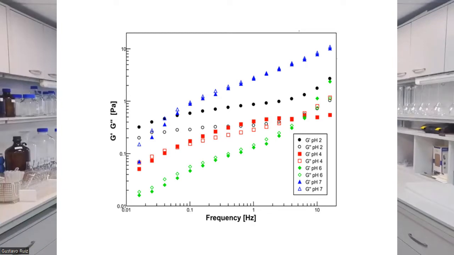And in figure 2, we observe the viscoelastic behavior. The black dots are pH 2, the red squares pH 4, the green diamonds pH 6, and the blue triangles pH 7. As we can see in the figure, only the black dots have a very important difference between the filled figures and the empty figures.